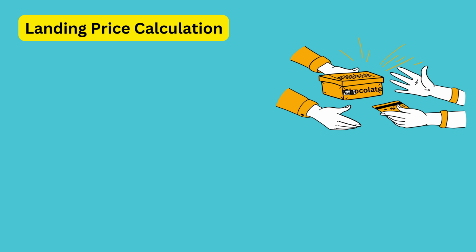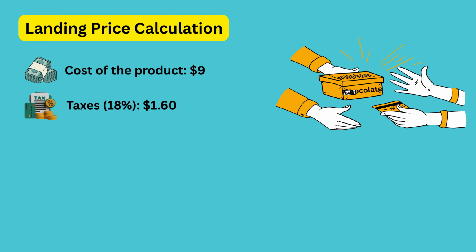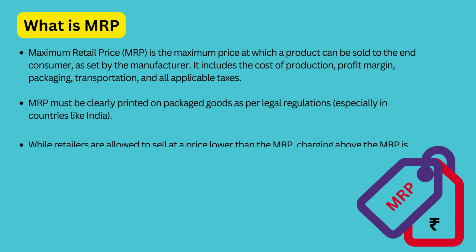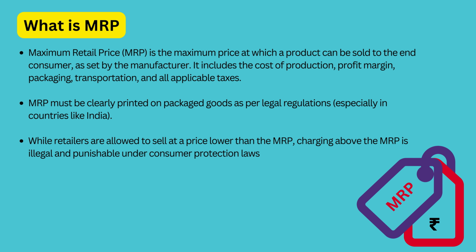So for example, the traditional store that we discussed will buy a 50-gram chocolate bar at $9, will pay 18% tax on that chocolate bar, which comes to around 1.60, and a shipping and handling charge of $1. So the landing price of that product for that retailer will be $11.62.